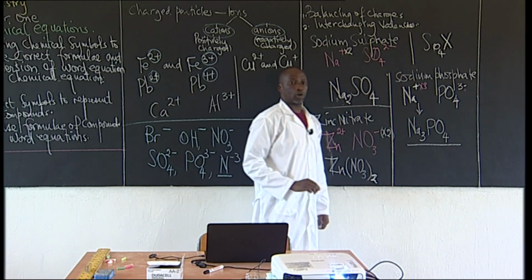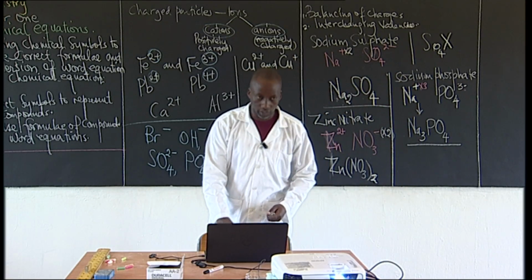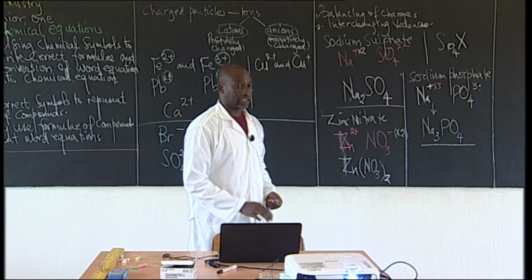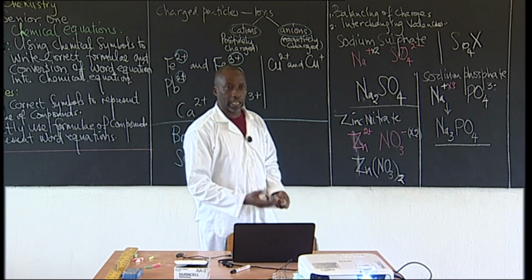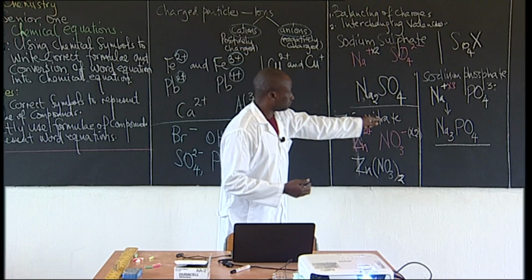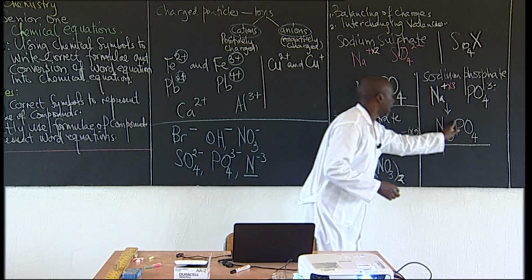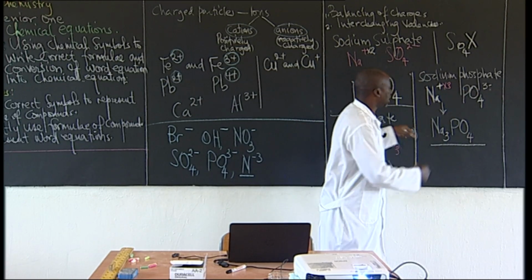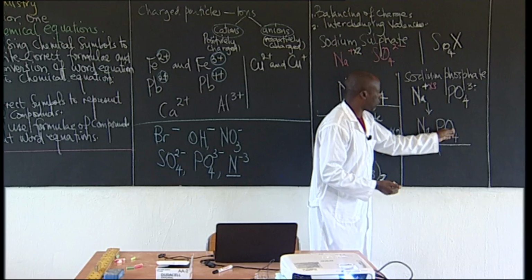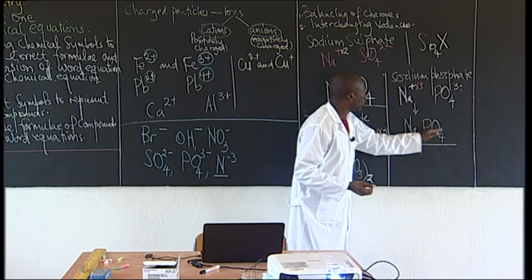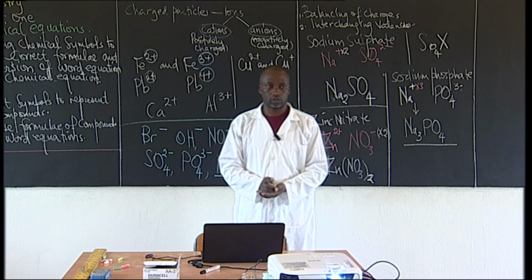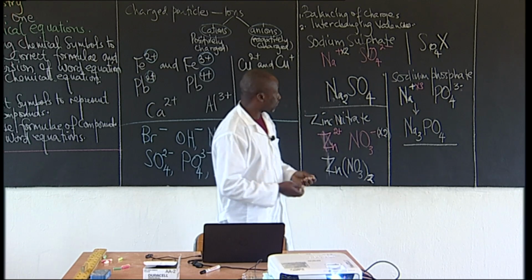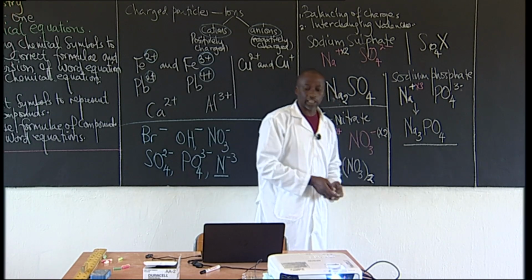Now that will be the correct formula of the compound that is formed. You remember, we don't need to put the brackets here because when you look at this compound, you'll find that there are no charges as we had, because the charges were cancelled. So you can even try some other examples.